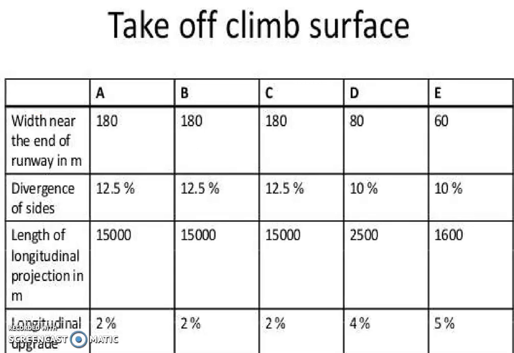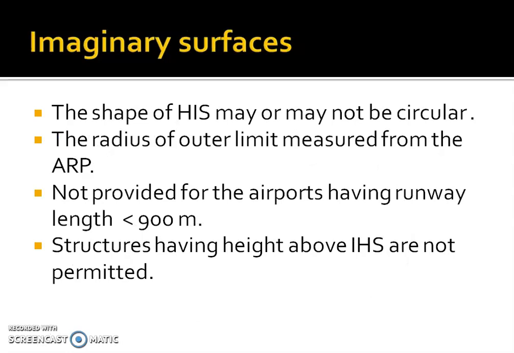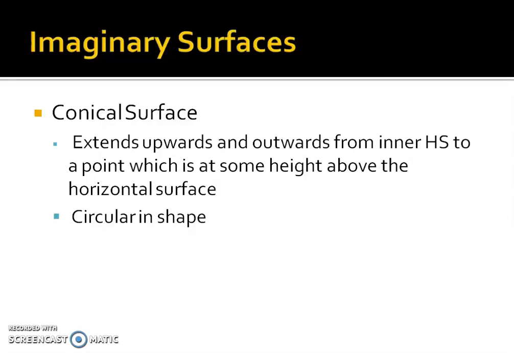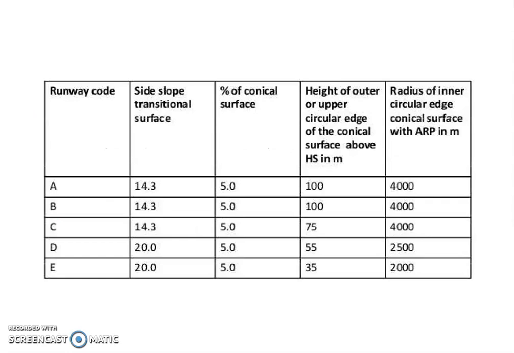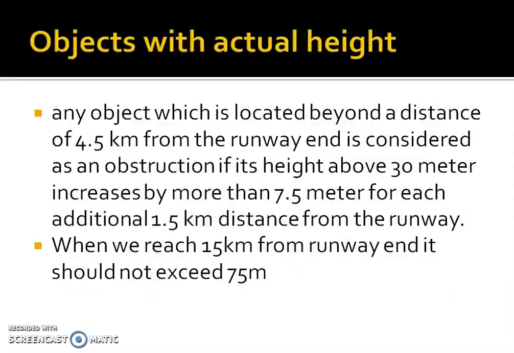For the takeoff climb surface, we have to provide a certain distance, width and length. Everything I have explained here, a table shows the dimensions we have to follow as per the code provisions provided by the FAA, Federal Aviation Agency.